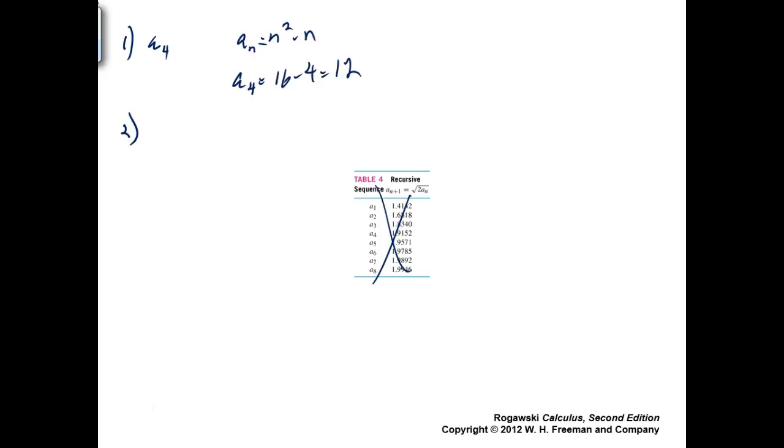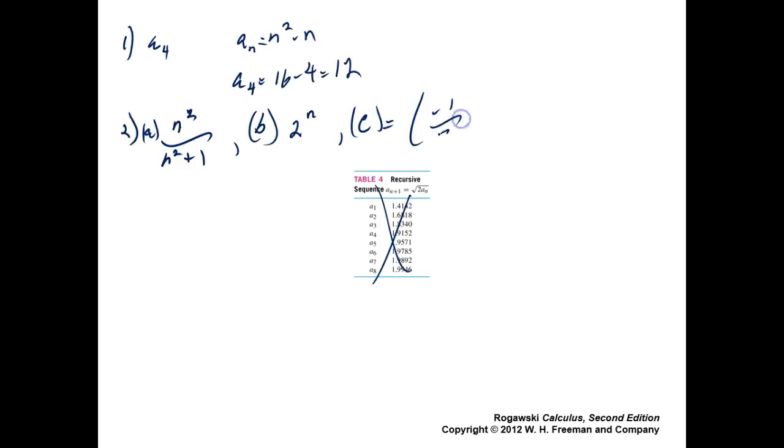Which of the following sequences converges to 0? A is n squared over n squared plus 1. B is 2 to the n. Or C is negative 1 over 2 to the n.